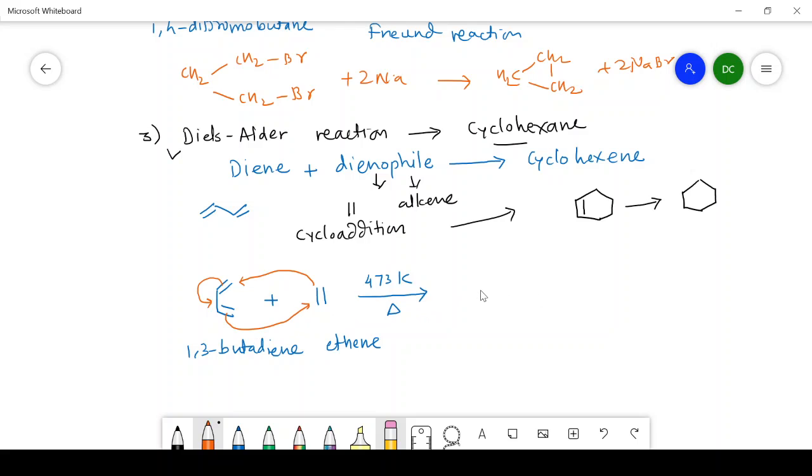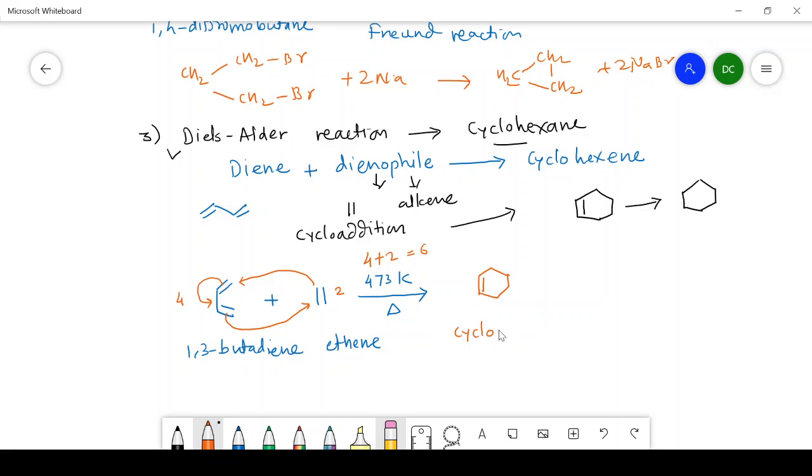So it is a cycloaddition reaction, and look at the structure of this butadiene. There are four carbons. Here there are two carbons. So there is a 4 plus 2 cycloaddition, and we get a 6-membered ring. So I have to write here a 6-membered ring, and in this reaction this bond is shifted here, and that's why I will write a double bond here.